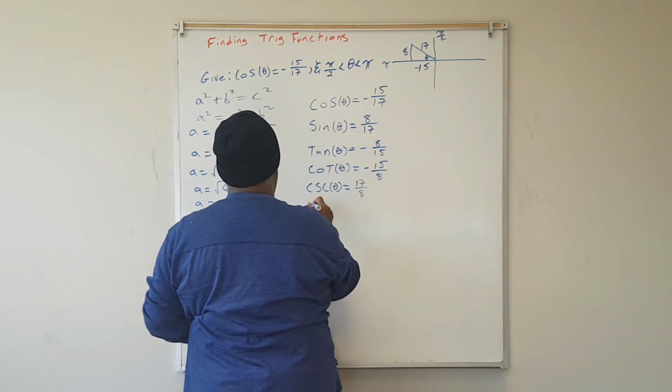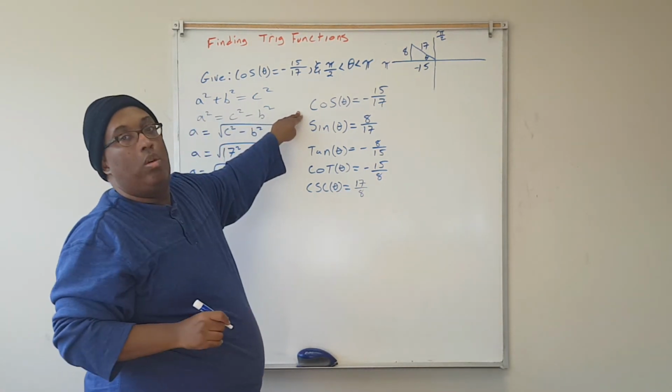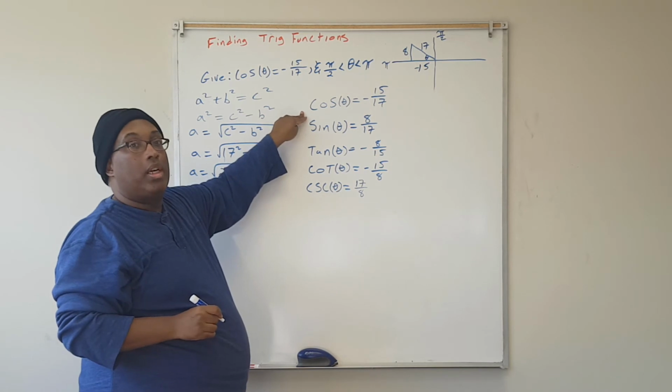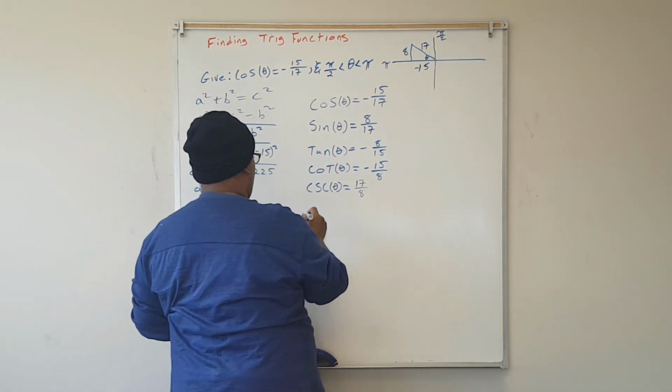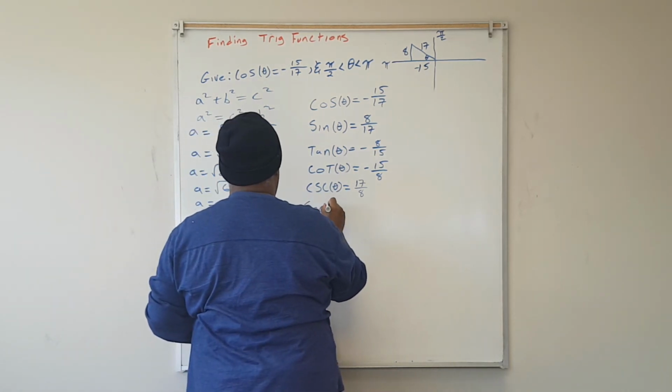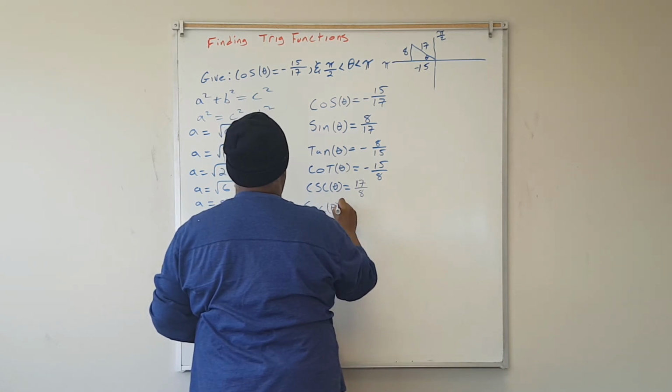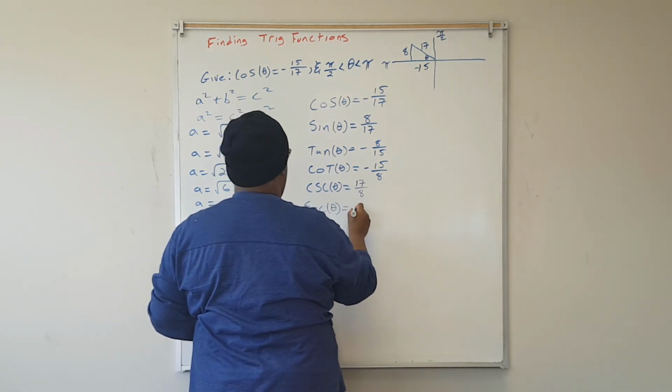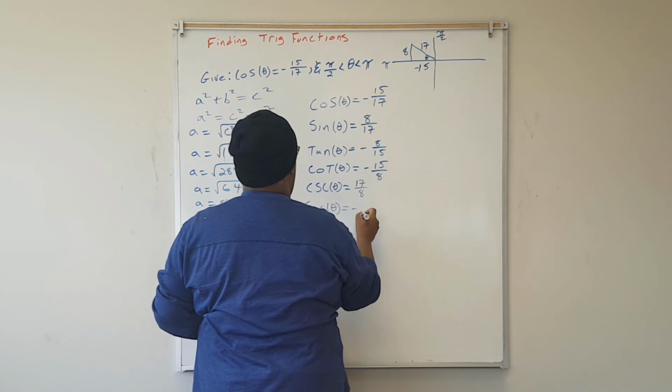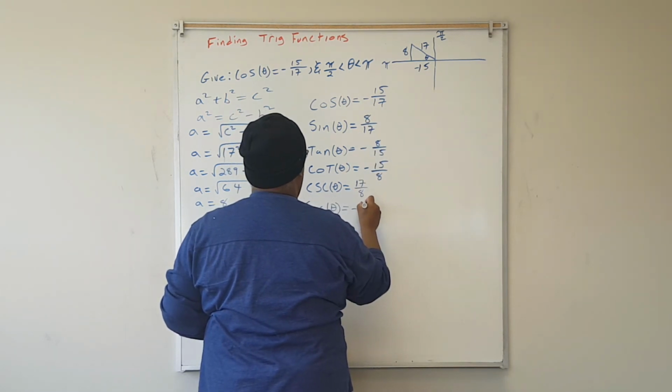And finally, the one that corresponds to cosine is secant. And that's going to be negative, and we flip it, that's 17/15.